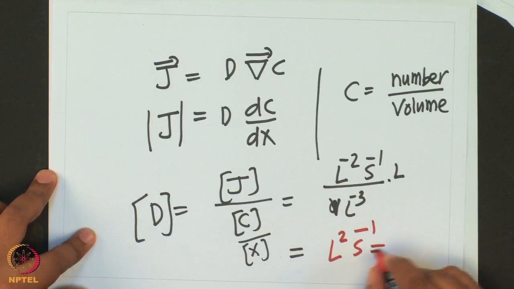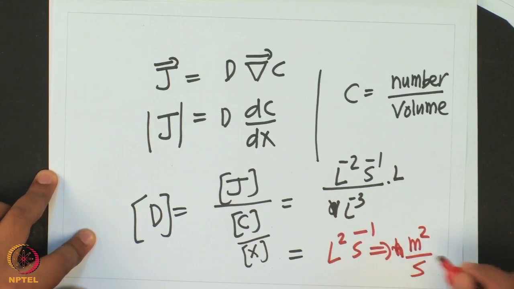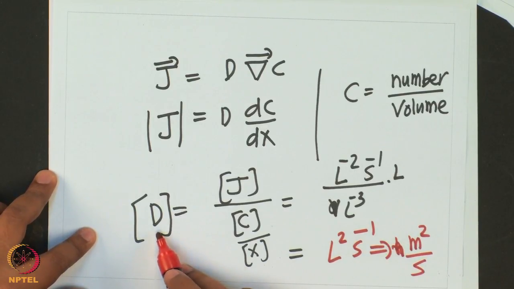The corresponding unit would be meter square per second. So the dimension of the diffusion constant is L square S inverse, and its unit is meter square per second. That is the unit of D.